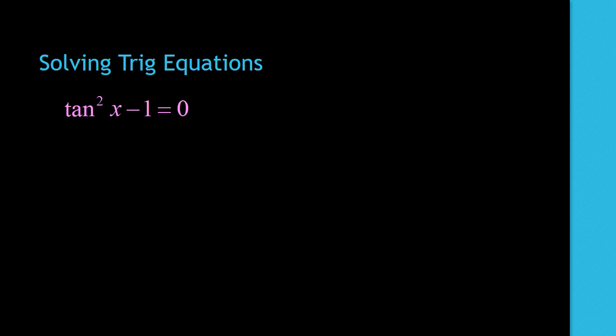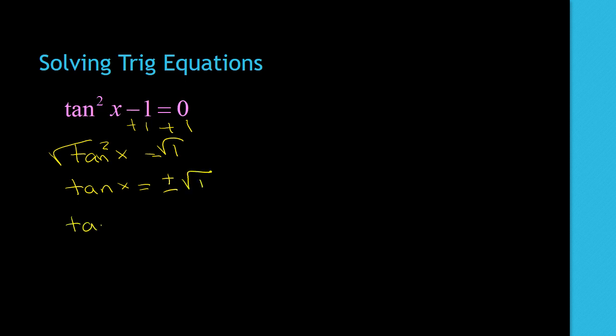Okay, so now we're looking at tangent squared x minus 1. Again, we're going to go ahead and isolate our trig function. We need to take the square root of both sides. So in this case, we get the tangent of x is equal to plus or minus the square root of 1.